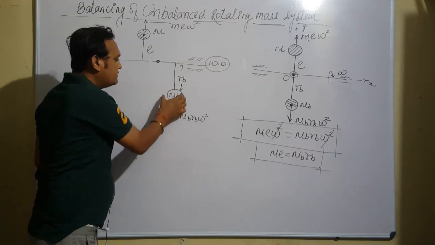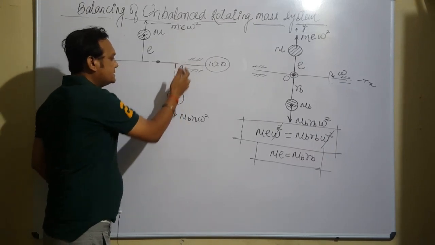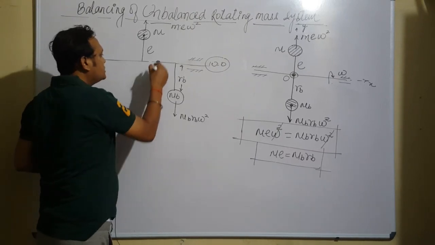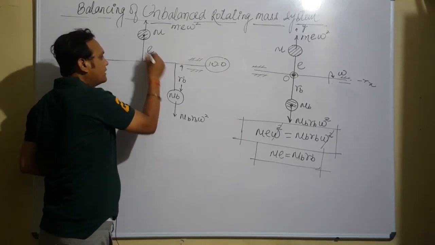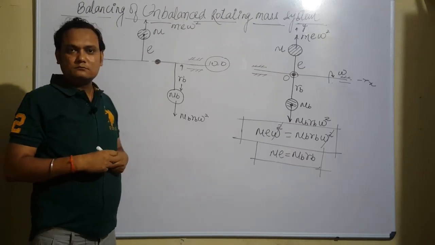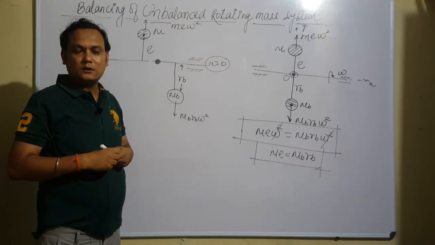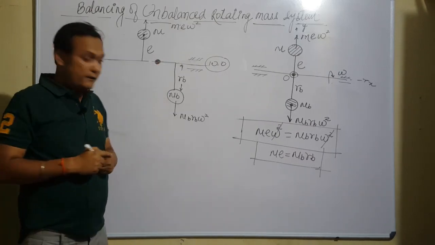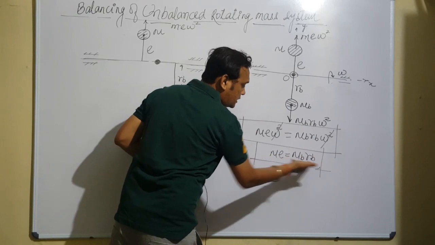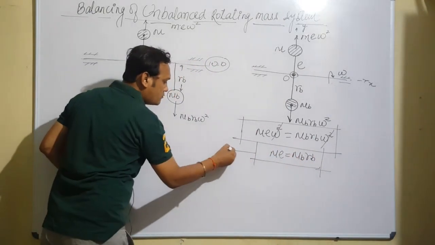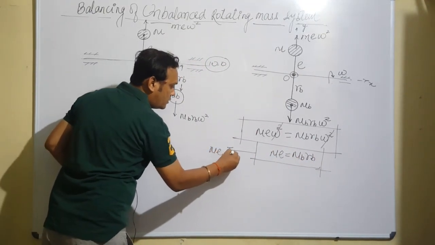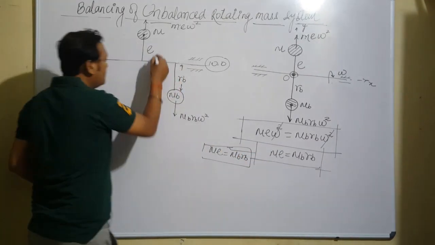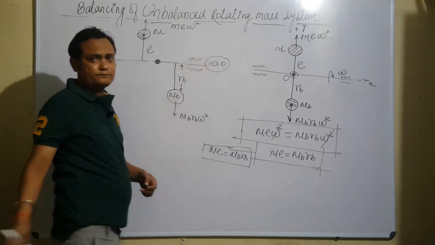You have attached a balancing mass mb at a radial distance rb, and from the concept of center of mass, you definitely ensure that the center of mass will lie here. If this condition holds good, me equals mb rb, then surely ycm is going to be 0, with the origin somewhere here.